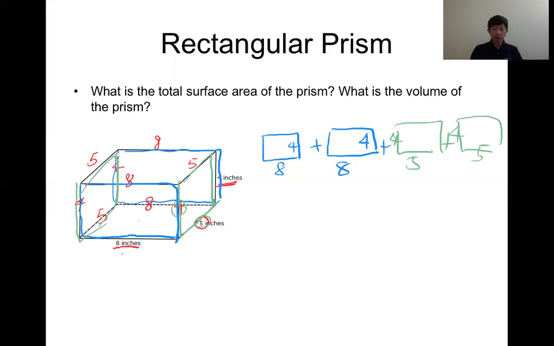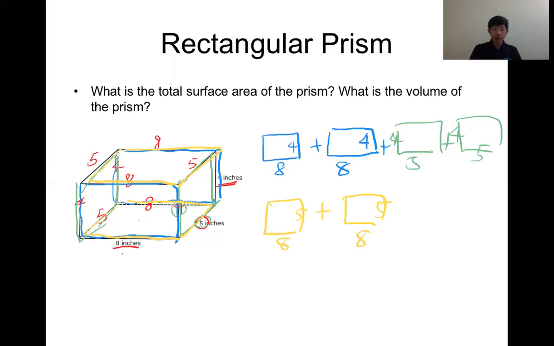And then next, what else do we have? We have 8 by 5 on the bottom and on the top, right? So 8 by 5. Now, what's the surface area?